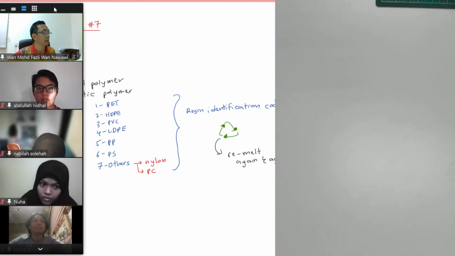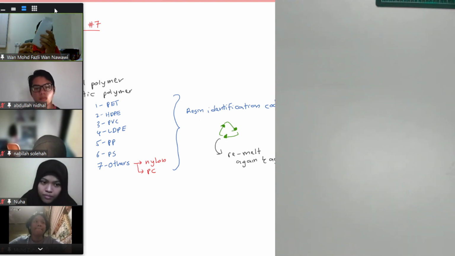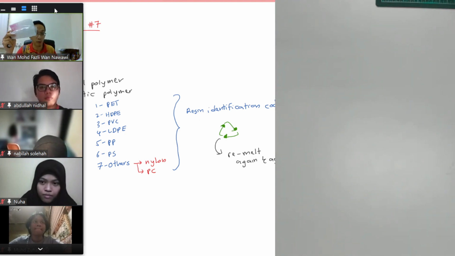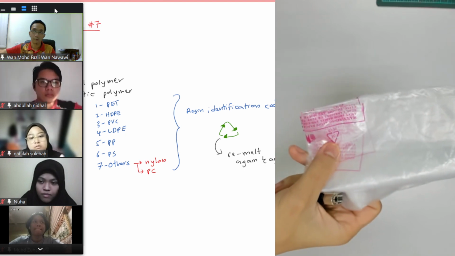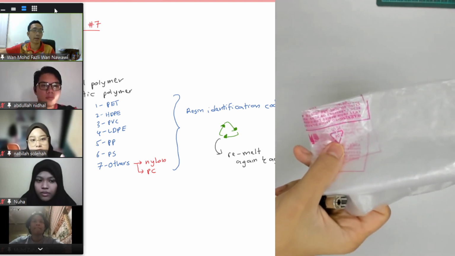When I say melt, it doesn't mean like this. For example, this is polyethylene, LDPE, the number 4. You can see the triangle number 4 here.